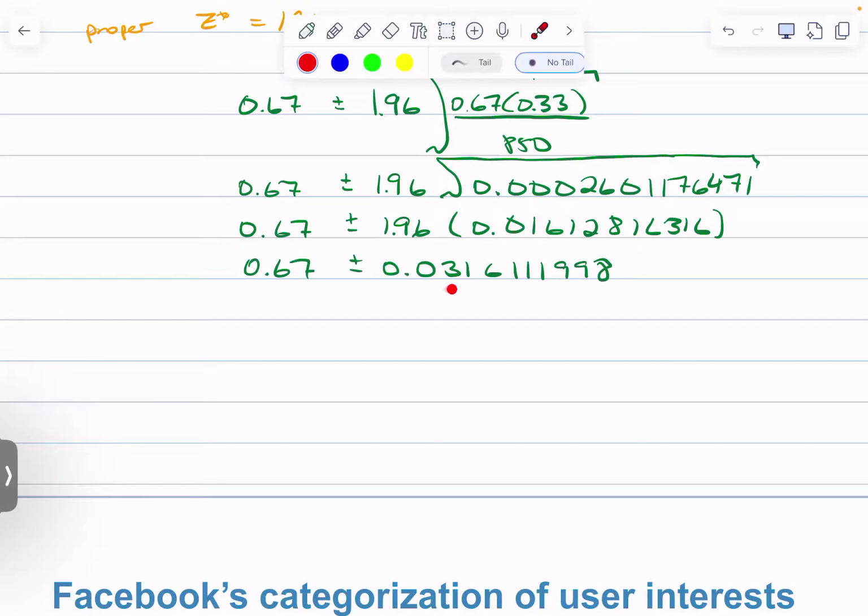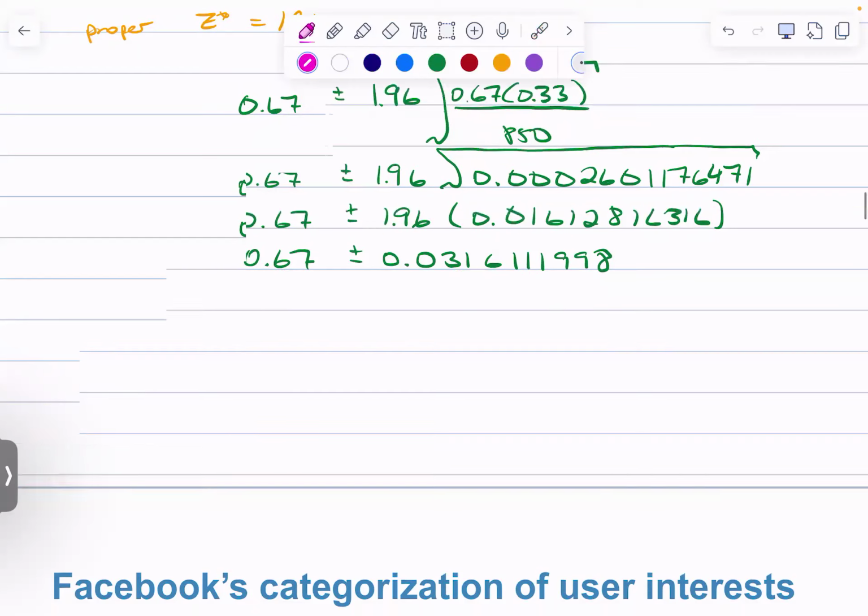This value should be small, because it's a proportion. It's just a little buffer, my standard error, my spread times 1.96. So this becomes 67% plus minus 3.16%. Kind of reasonable.